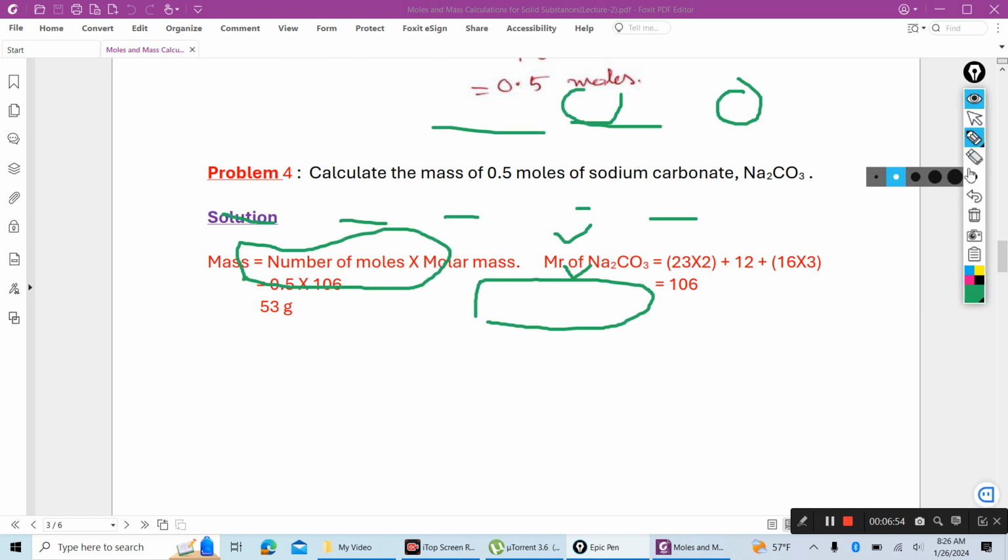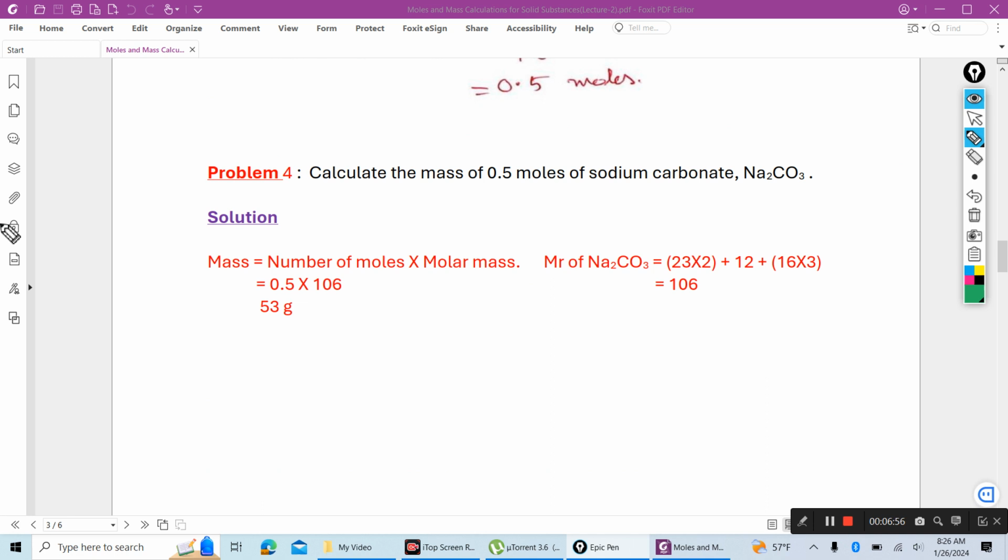Okay, now problem 4. Calculate the mass. Now the question is asking to calculate mass. Mass of 0.5 moles. Here moles is given. We have to calculate mass of sodium carbonate.